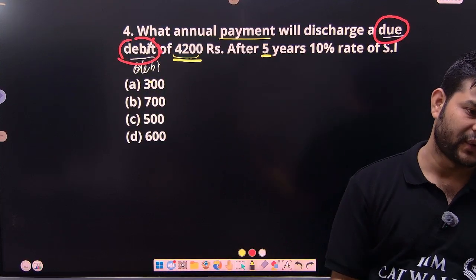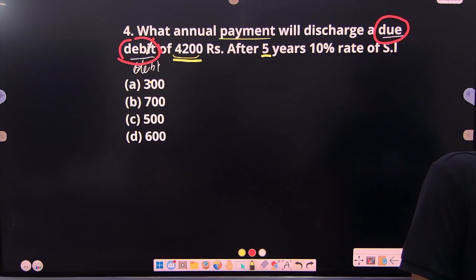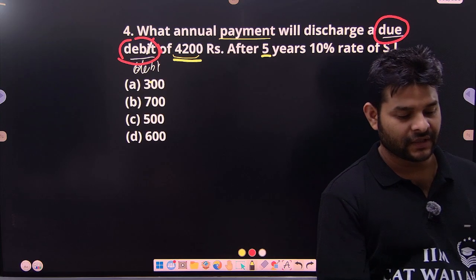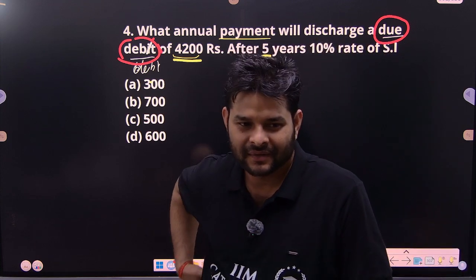Just go on your cell phone and try to read question number 1. I'm just talking about the question. We will get the answer 700. The first installment was 700.